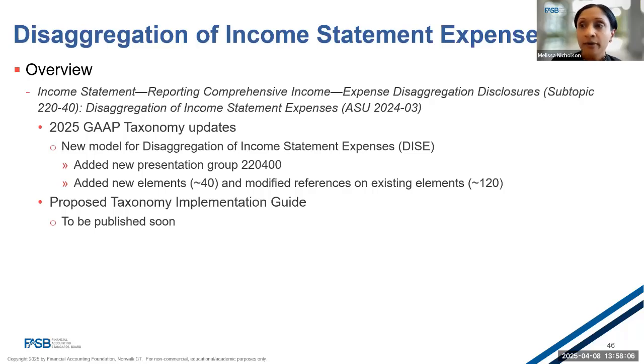I will provide an overview of the new model for tagging the disaggregation of income statement expenses, affectionately referred to as DICE, and take you through some of the new elements and existing elements that are now included as a new presentation group in the taxonomy, and walk through an example of using these elements in one of the examples to be included in our taxonomy implementation guide, which we hope to be publishing soon. Next slide.